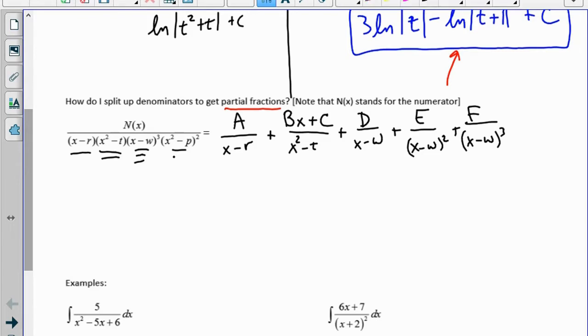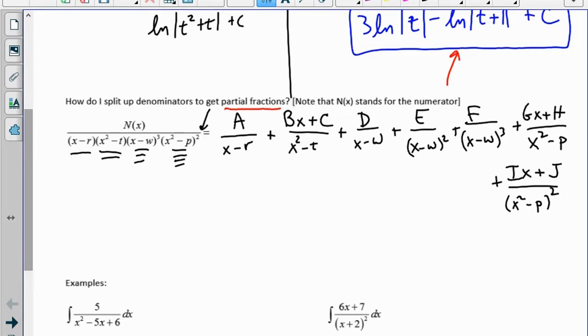And then finally, I have this x squared minus p, the quantity squared. So if I have a repeated quadratic factor, I'm going to have gx plus h over x squared minus p. And then I have one more term that I have to write, ix plus j over x squared minus p squared. And I have to do that because there's a repeated factor, and I have to do it as many times as the power.